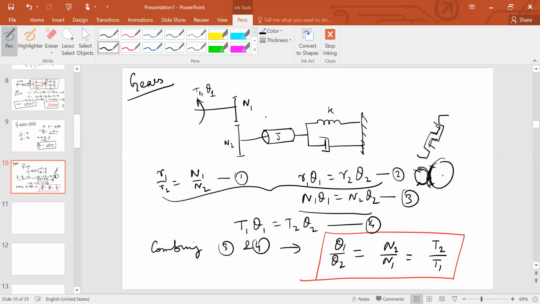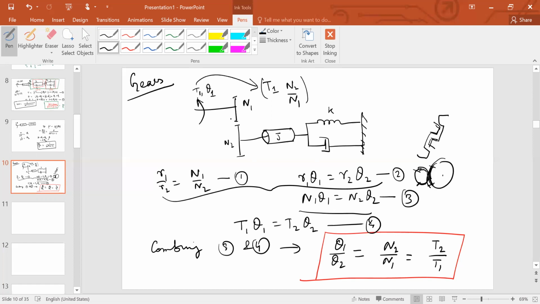If you are reflecting this on this side, it will change to T1 times N2 over N1. Because whatever torque was appearing on this side, when reflected across the gear, because of this relation, the torque T2 is going to be N2 by N1 times T1. So that is the torque applied to this.